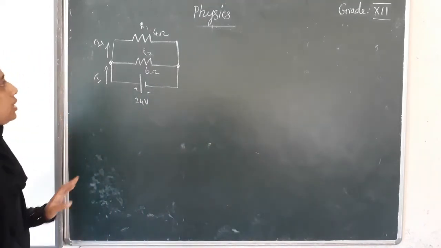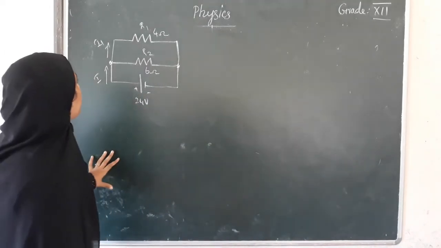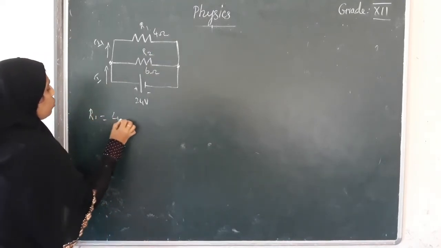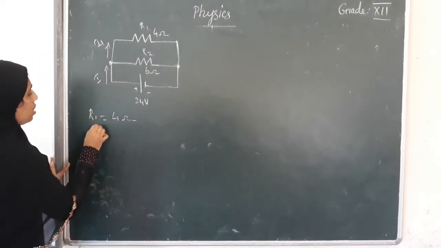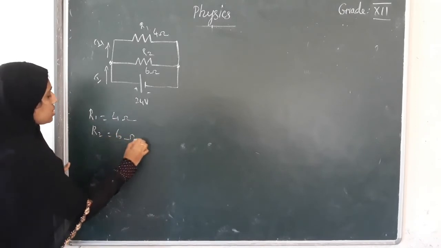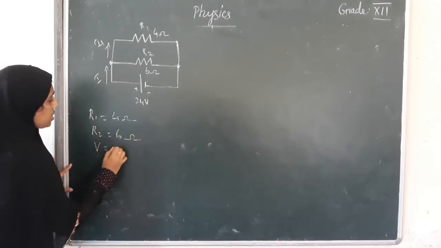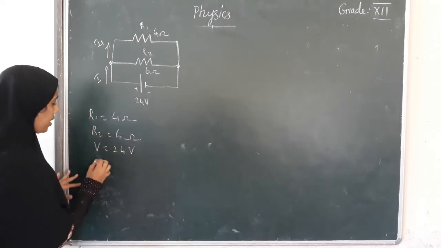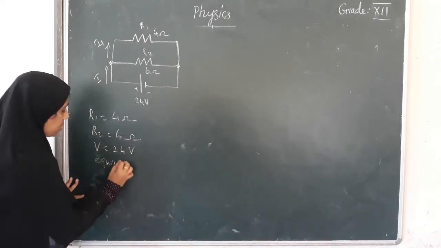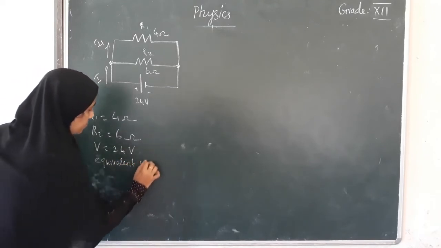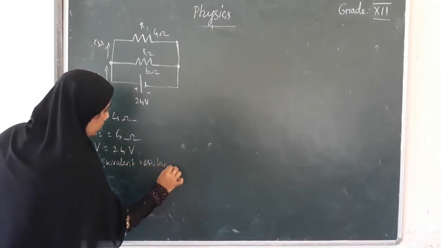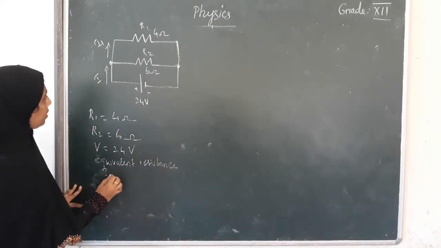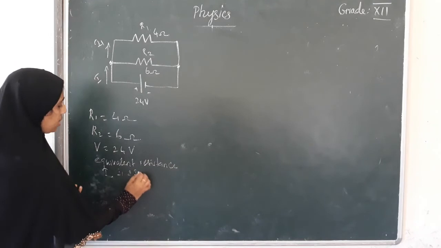So this is the given circuit. R1 equal to 4 ohm, R2 is equal to 6 ohm. The voltage is given as 24 volts. We are asked to calculate the equivalent resistance and also I1 and I2.